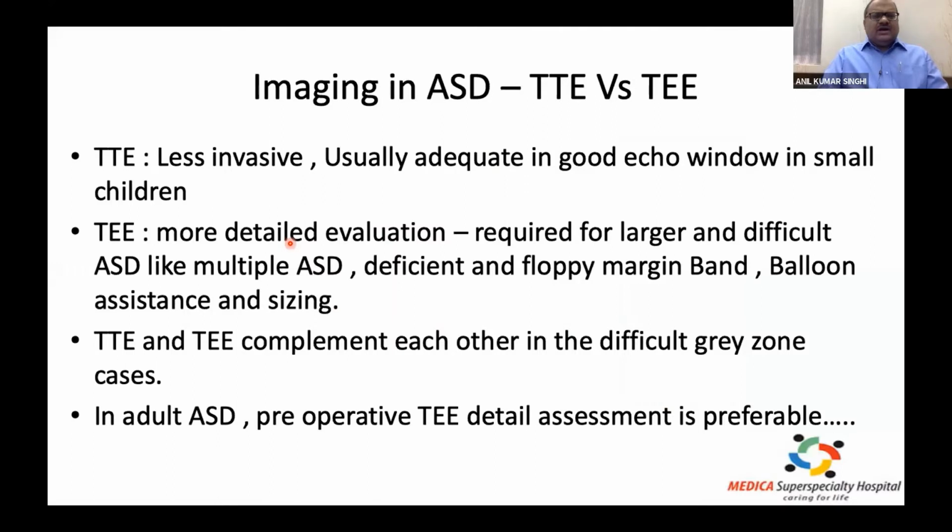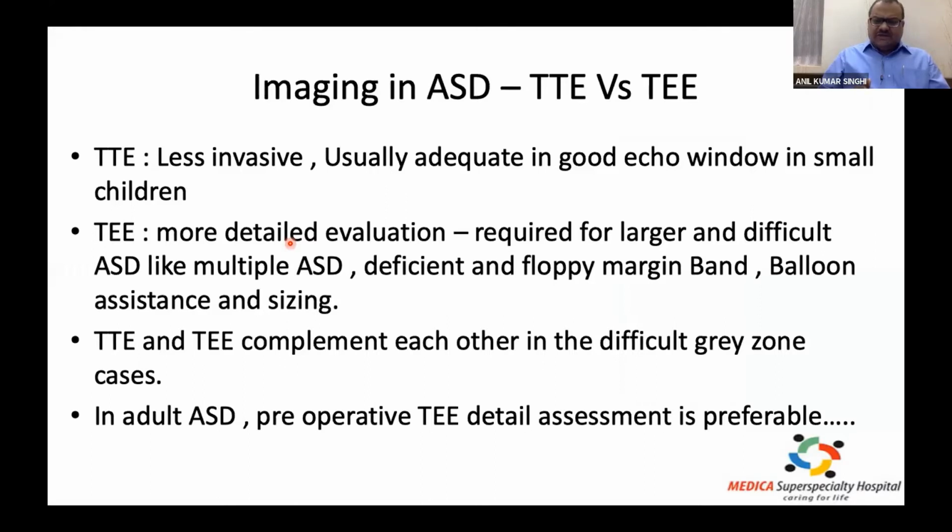So, in conclusion, I wish to tell about imaging in ASD. Transthoracic is less invasive, adequate in good windows, particularly in small kids. But in the adult, we need TEE, which helps us with a more detailed evaluation.